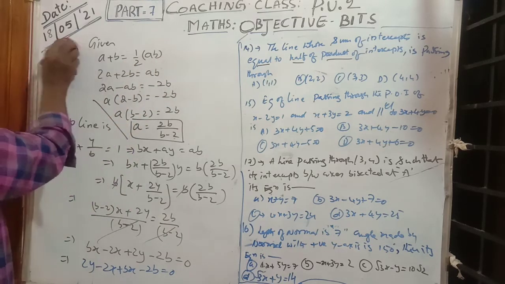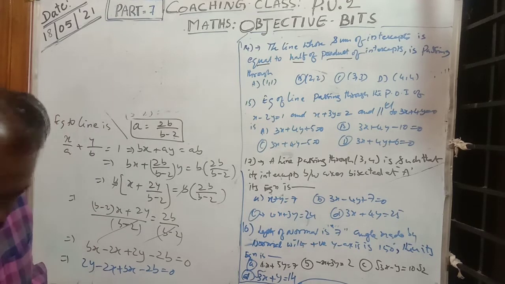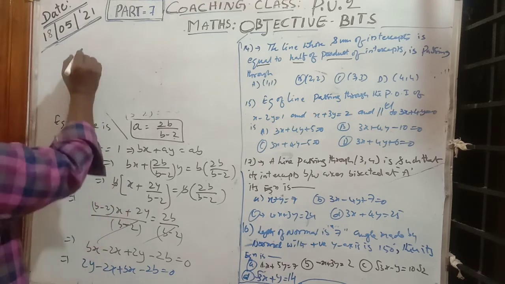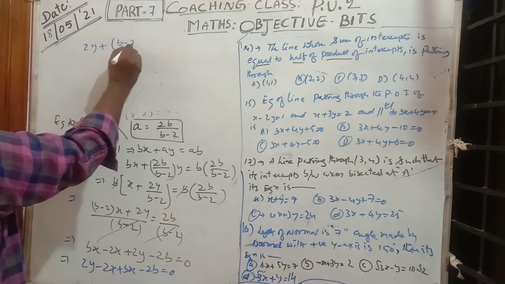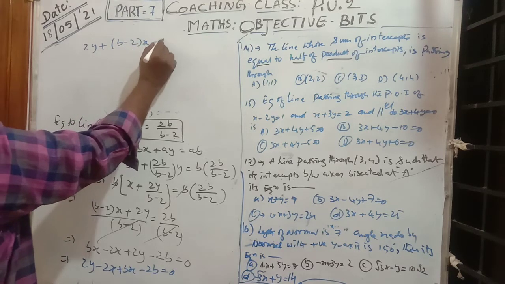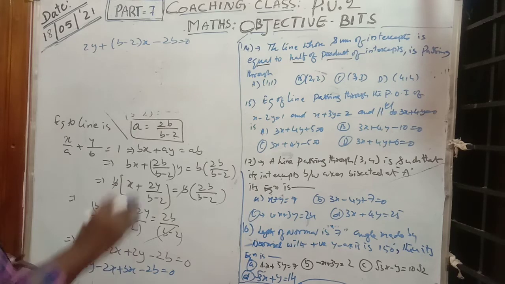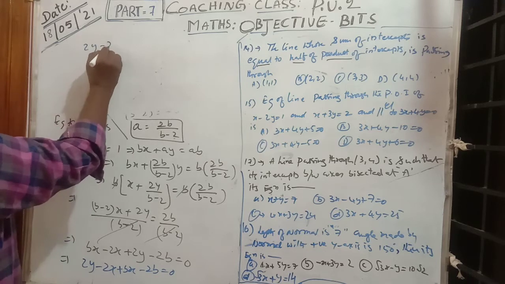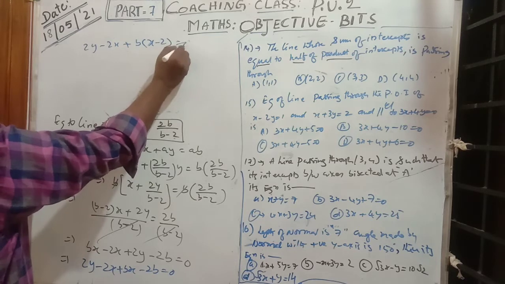I am using that condition. Clearly we will write it as 2y minus 2x plus B into x minus 2 is equal to 0. Otherwise we will take B as common: 2y minus 2x as it is, plus B of x minus 2 is equal to 0.